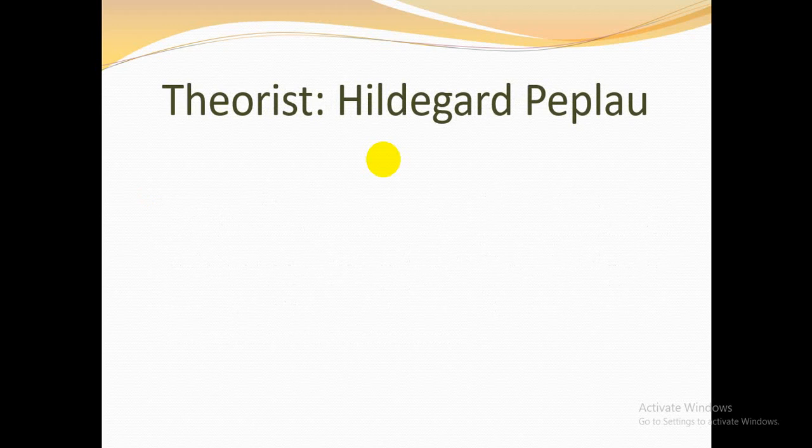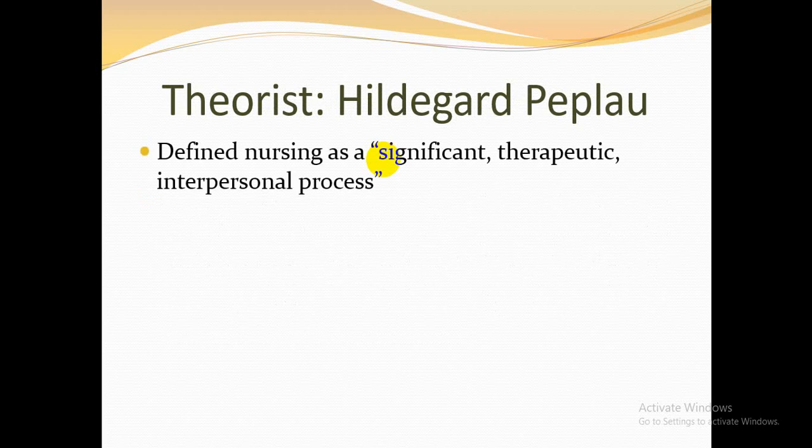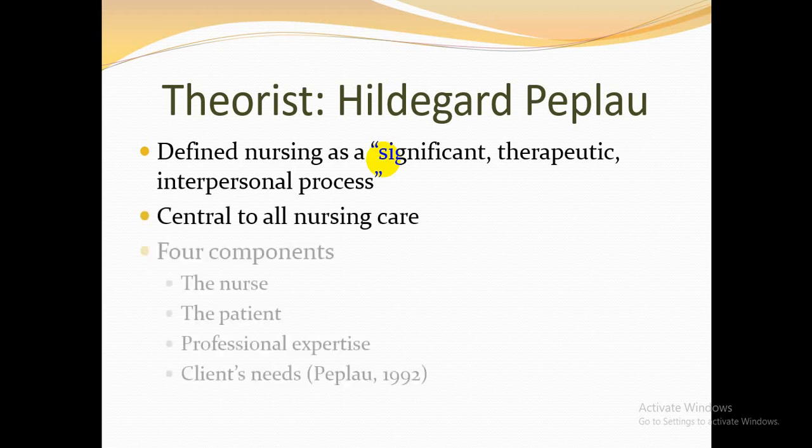The first theorist in nurse-patient relationship is Hildegard Peplau. She defined nursing as a significant therapeutic interpersonal process central to all nursing care. The four components are the nurse, the patient, professional expertise, and the client's need.